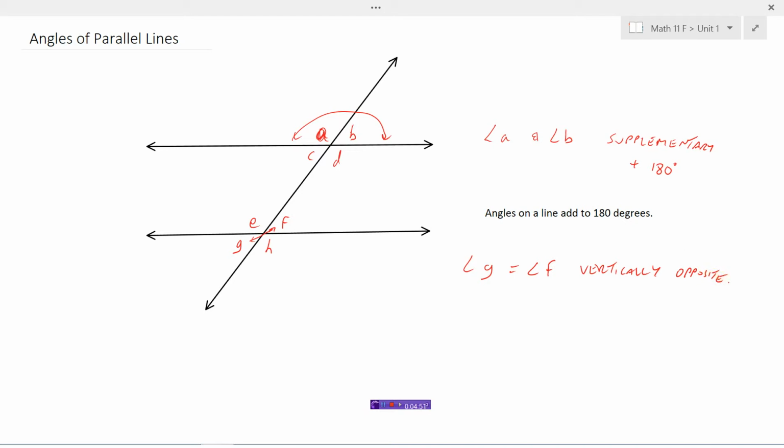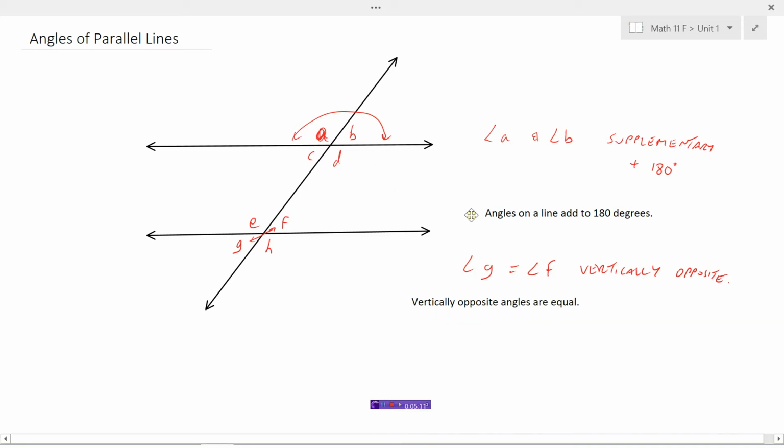And there's a whole pile of those here too. B and C would be equal. A and D would be equal. We've already talked about F and G being equal. And E and H would be equal. So vertically opposite angles are equal.